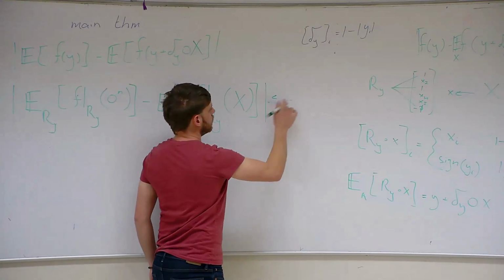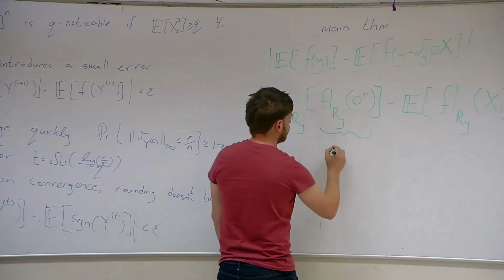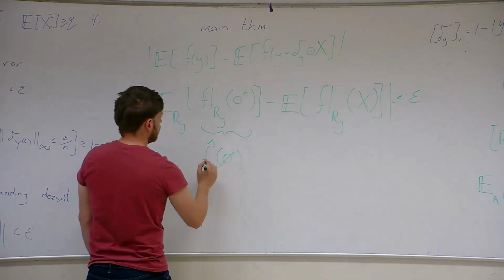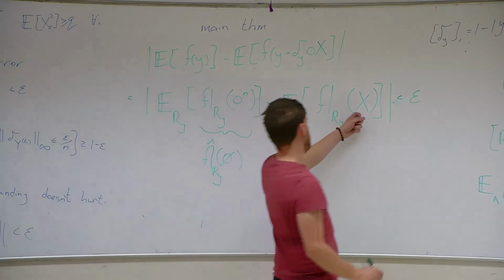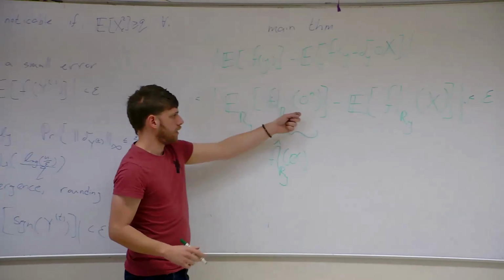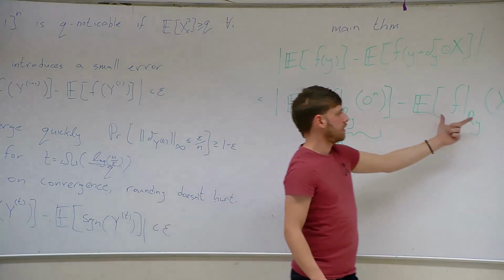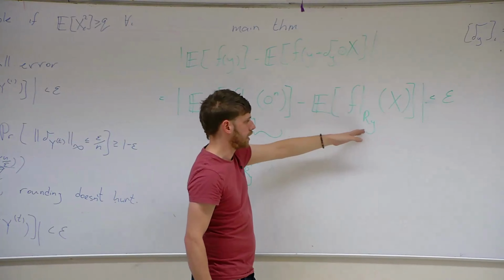Okay, so why is this smaller than epsilon? This is just, as we know, f restricted by ry on the uniform distribution. It's all the same, and this is x plugged into f restricted to ry.